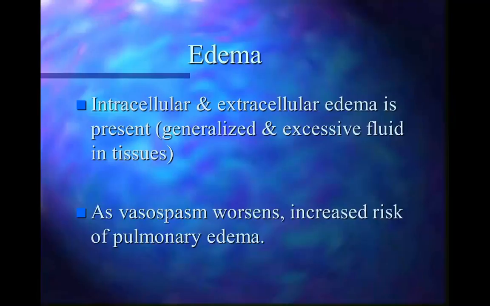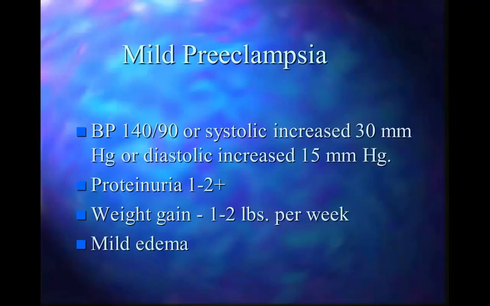This is generalized body edema, and the sign that we watch for that indicates the situation is more ominous is the facial edema. Once they have that facial edema, it has pretty much spread everywhere.